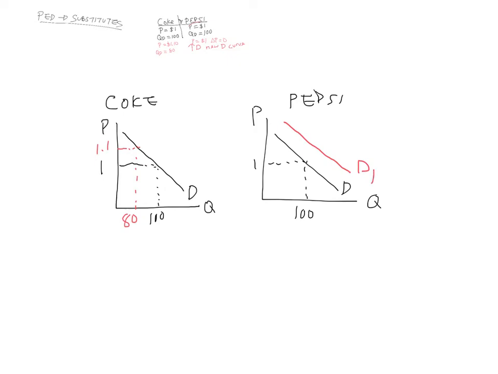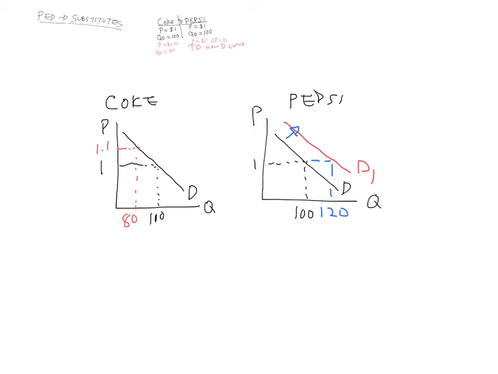There has been an increase in the demand for Pepsi. So at $1, instead of just wanting to buy 100 units of Pepsi, the quantity demanded will increase to, let's say, 120 units.